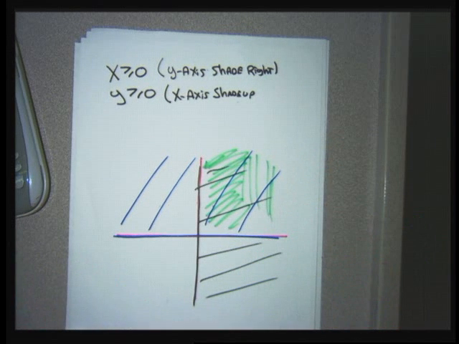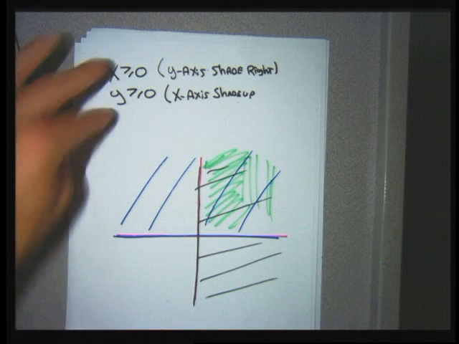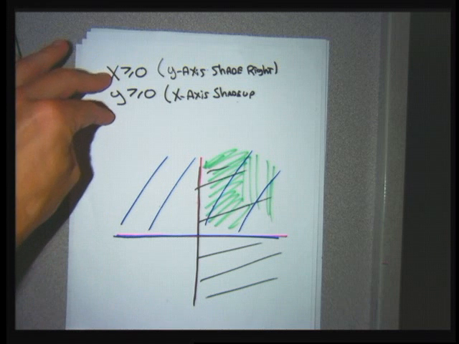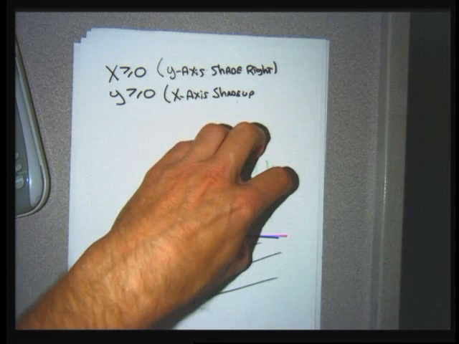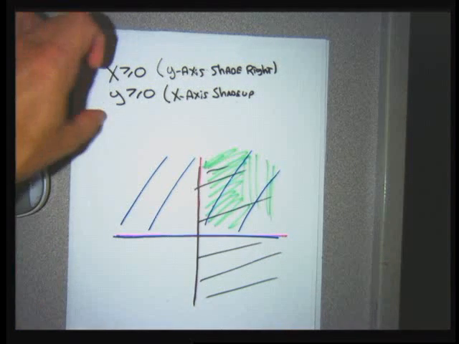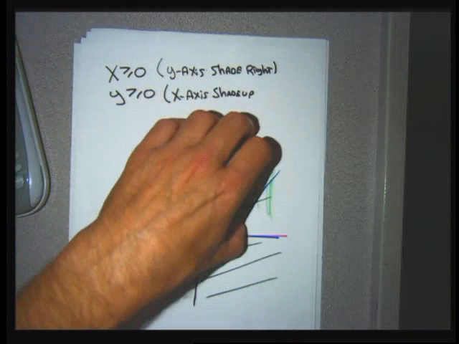When I do the next 5 graphs, 32, 34, 36, 38, and 40, these 2 parts I'm probably not going to focus on too much. I'll draw the lines, but I won't shade. And when I do my final shaded region, I'm only going to shade in the first quadrant because these 2 overlap to form the first quadrant.